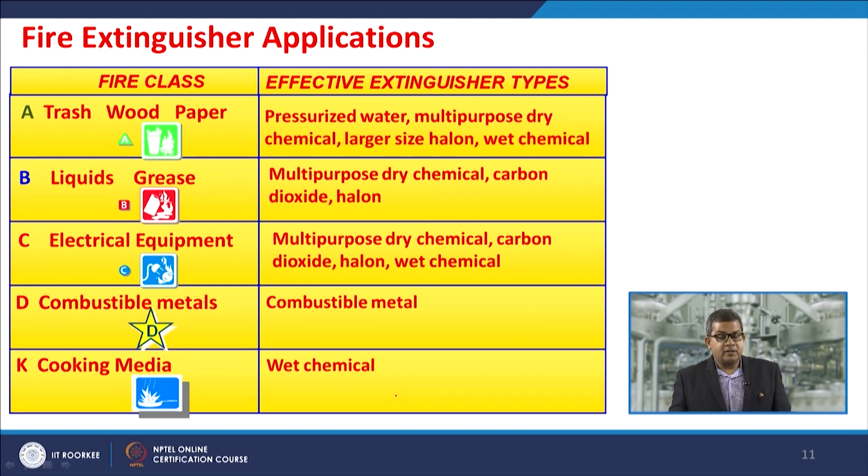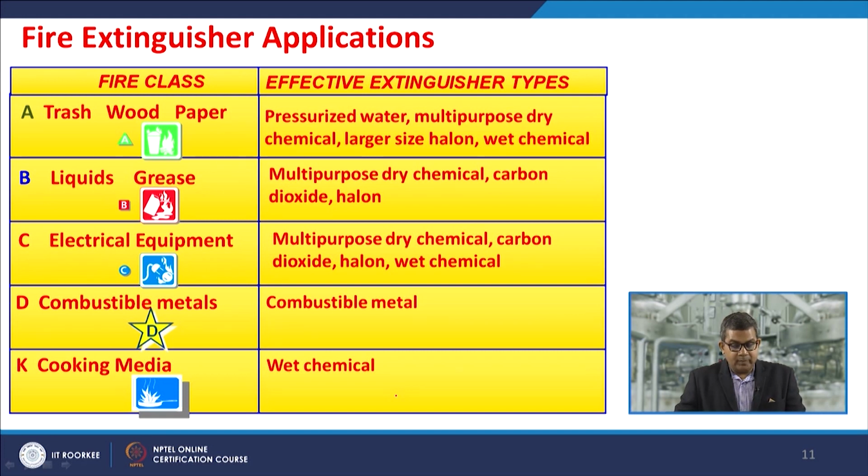So, class A, trash, wood, paper: usually pressurized water, multi-purpose dry chemicals, larger size halons and wet chemicals are used. Class B, liquid and grease type of fire: multi-purpose dry chemical, carbon dioxide and halon. Class C, electrical equipment: dry chemicals, carbon dioxide, halon and wet chemicals.